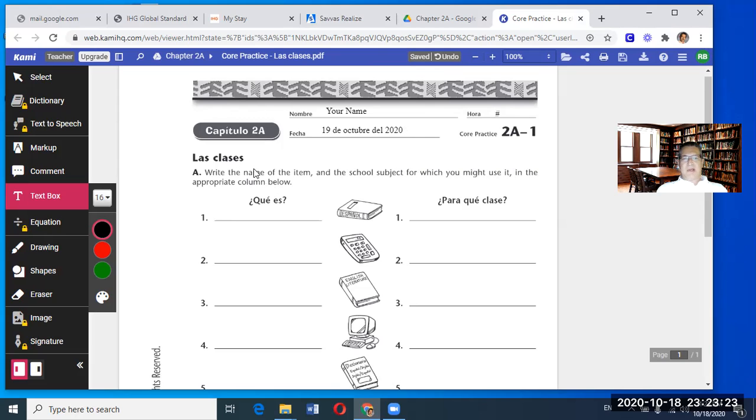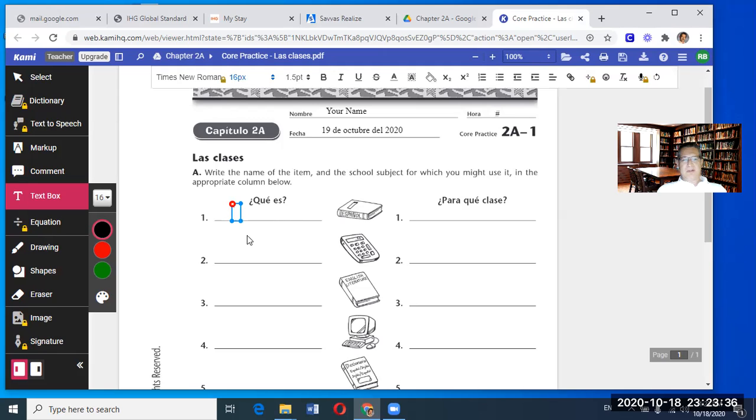So it says, write the name of the item and the school subject for which you might use it in the appropriate column below. So what is this? We learned that this is el libro.